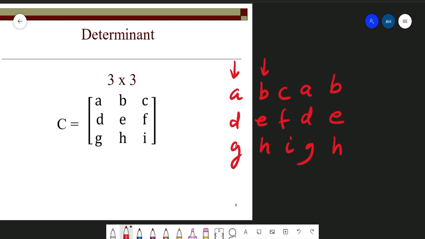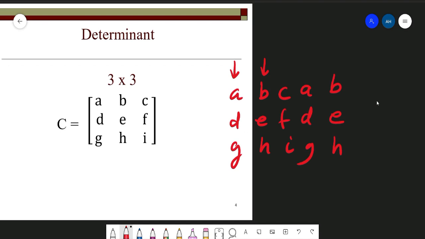I hope you follow what I'm doing here. I first copy all the elements of the matrix and write them over here, and then we add 2 more columns. That is, copy the first column and write it on the right hand side of the matrix, and also the second column.